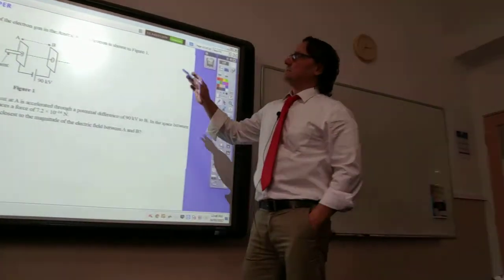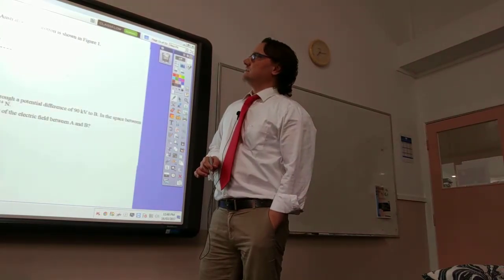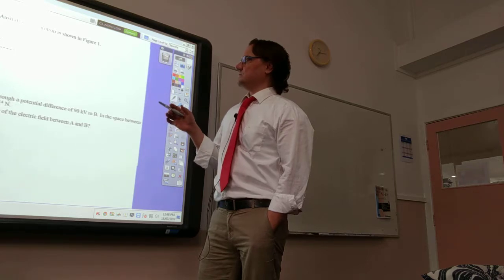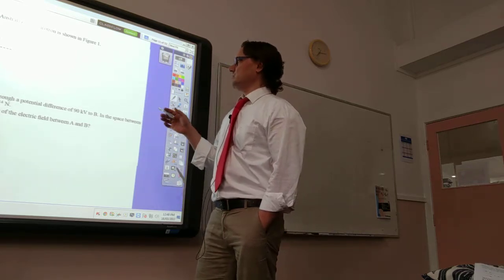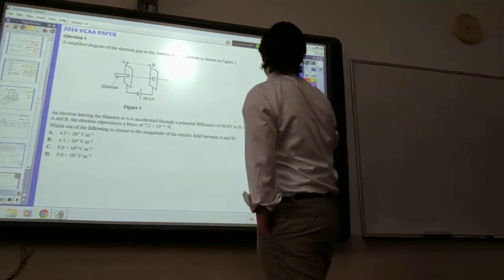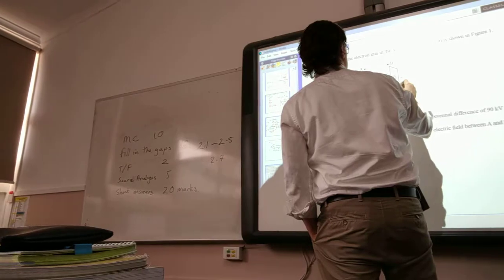Quickly, a simplified diagram of the electron gun in the Australian synchrotron is shown in the figure. An electron leaving the filament at A is accelerated through a potential difference of 90 kilovolts to B. So from A to B, negatively charged and positively charged.